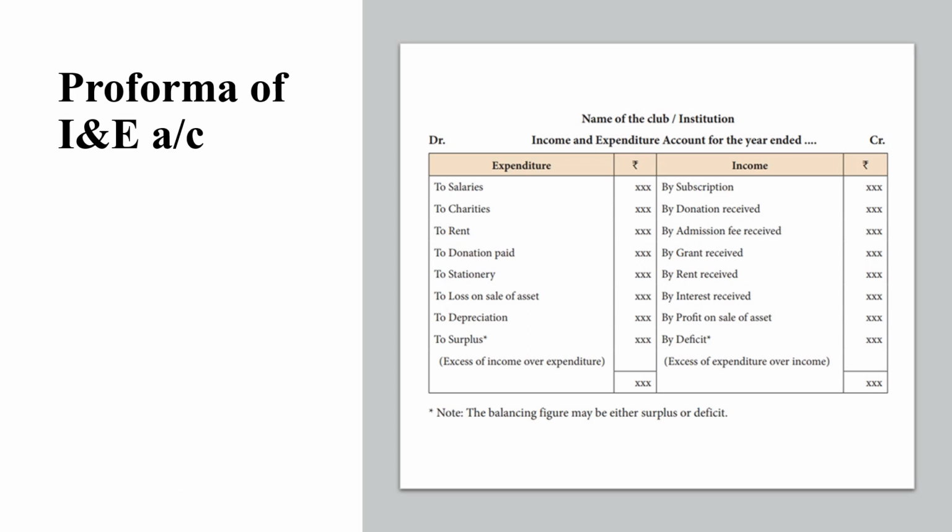All expenses related to the current period which are of revenue nature are shown on the debit side. Similarly, all incomes of revenue nature and which relate to the current period are shown on the credit side. And if you can see, the end result will either be a surplus or a deficit. So this is how an income and expenditure account of the NPOs is prepared.